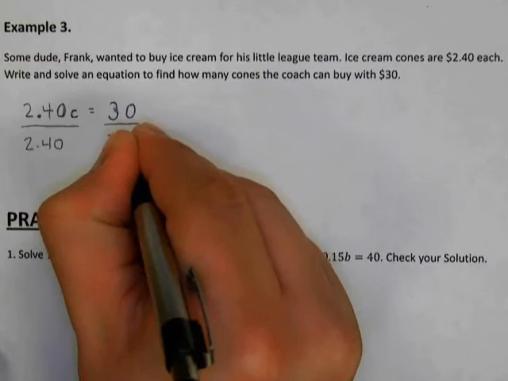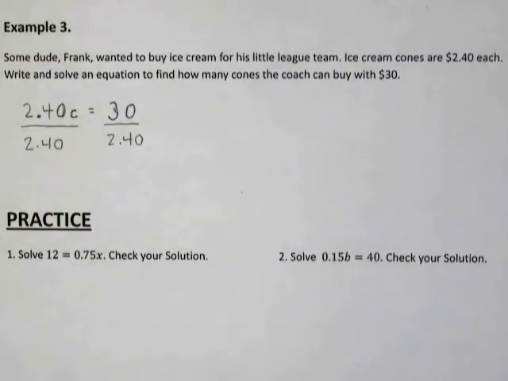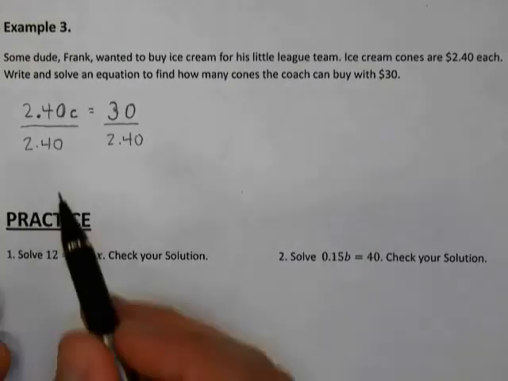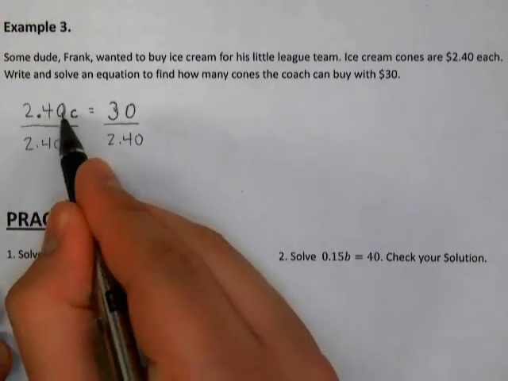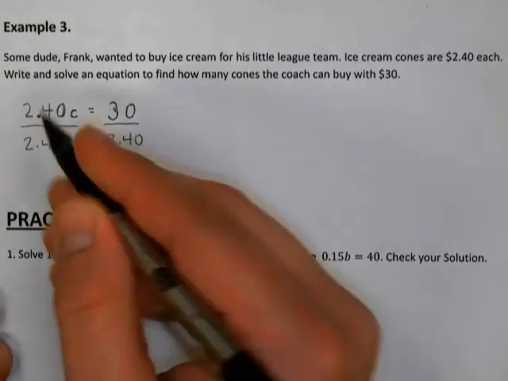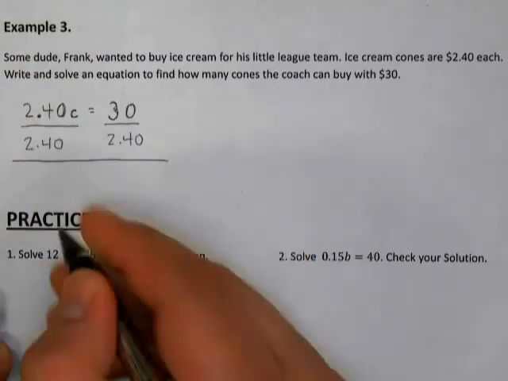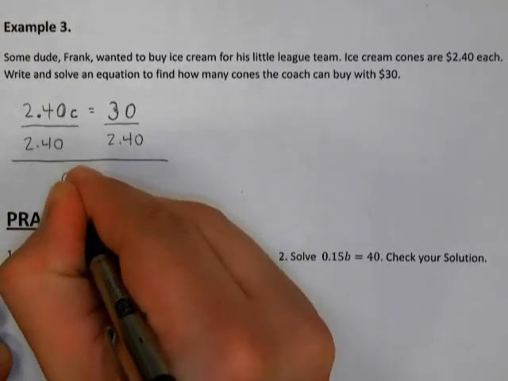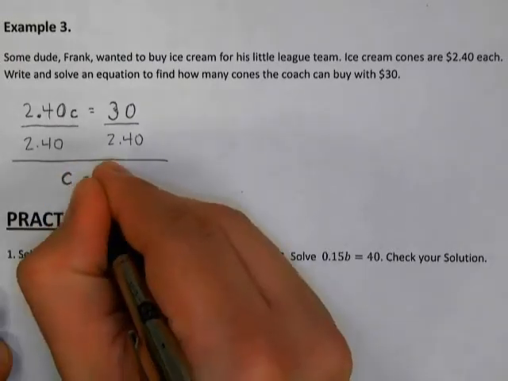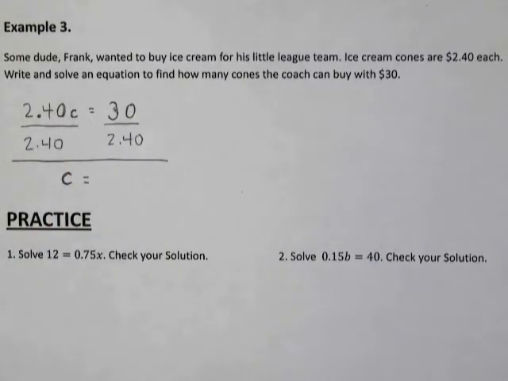So I'm choosing to divide by 2.4, or 2.40, because we're talking about money here. Because $2.40 divided by itself is just going to cancel out, and it's going to be 1, or just C, which, remember, C is cones, right? Now we have to take 30 divided by 2.4.